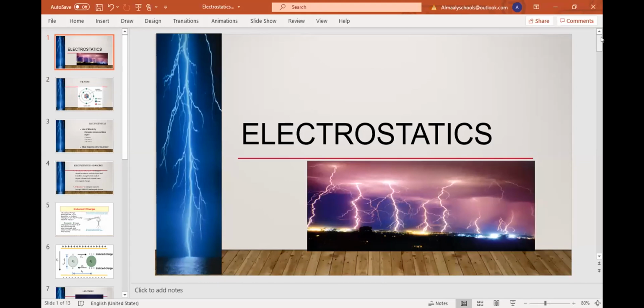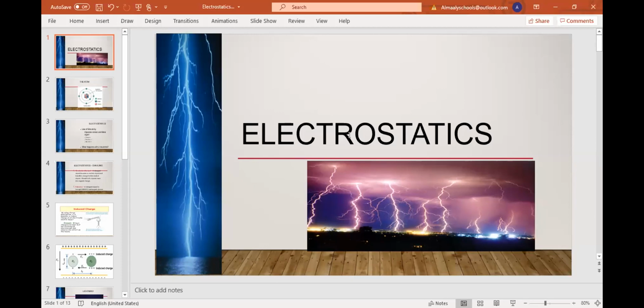So today we are going to continue with what we have studied last week about electrostatics. Last week we studied the formation of the atom and what the constituents of the atom are.